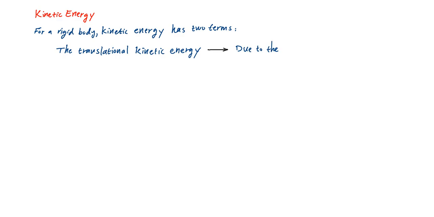So look at the center of mass as just a particle, and write down the translational kinetic energy equation, 1 over 2 mv squared, the way we were doing it for a particle. Due to the velocity of the center of mass.